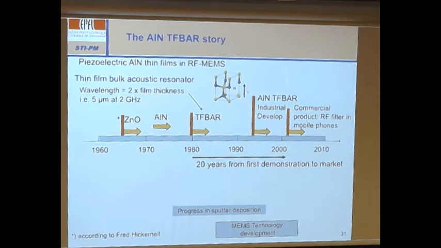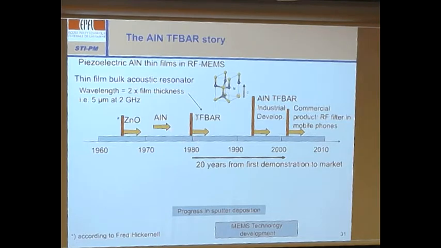And here the first idea, what it is good for: we could make thickness mode resonators. This was 1980 or 1979. Two groups, one from the United States, one from Japan, proposed these thin film bulk acoustic wave resonators.